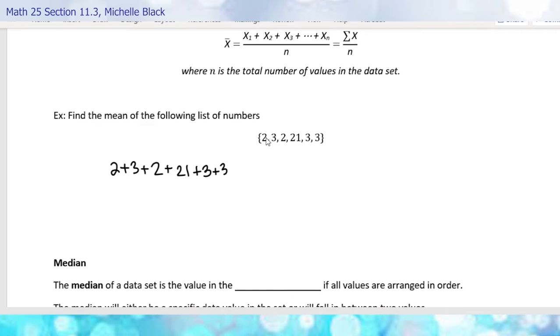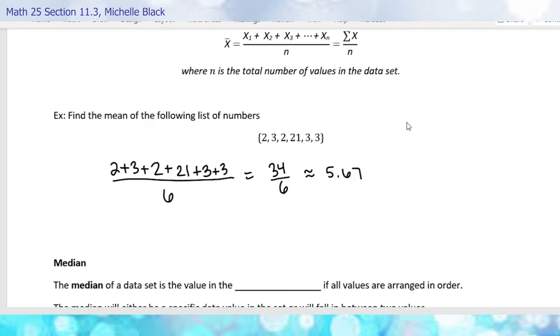And then we have 1, 2, 3, 4, 5, 6 data values, so I'll need to divide that by 6. Plugging this into your calculator, you get 34 divided by 6, which is approximately 5.67. So out of this list of numbers, we would say the mean, or the average, would be 5.67.